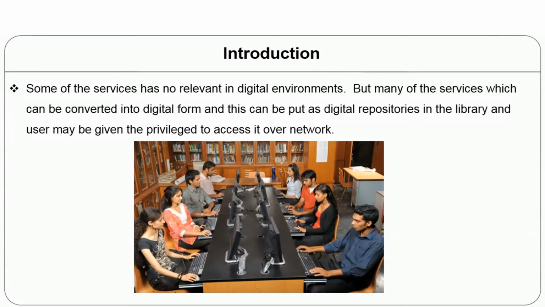Some of the services have no relevance in a digital environment, but many of the services can be converted into digital form and put in digital repositories in the library, and the user may be given the privilege to access them over the network.